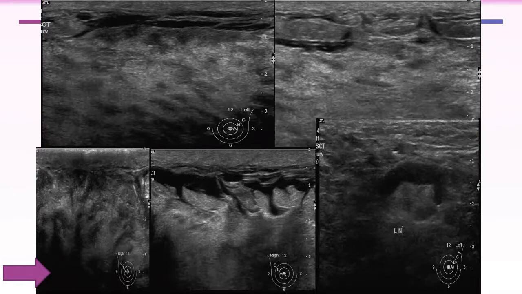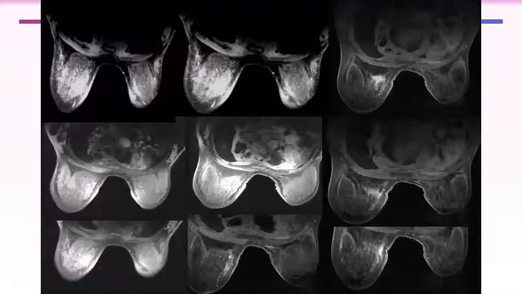So it can be bilateral invasive, especially lobular, bilateral inflammatory carcinoma, or bilateral metastasis. We will put lymphoma on top of the differential diagnosis, then secondary metastatic disease.